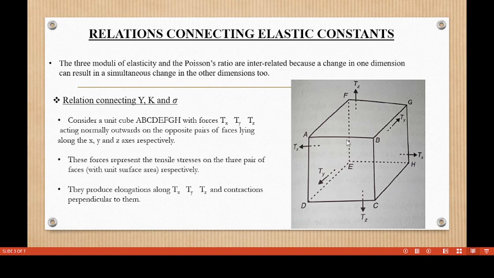The length of the edge AB will increase, while the Ty and Tz forces acting along y and z direction respectively will cause a contraction of this edge AB, because the force Tz will cause contraction along x and y directions. Since AB is along x direction, the length AB will be contracted. Similarly, the force Ty will cause a contraction along AB as well.